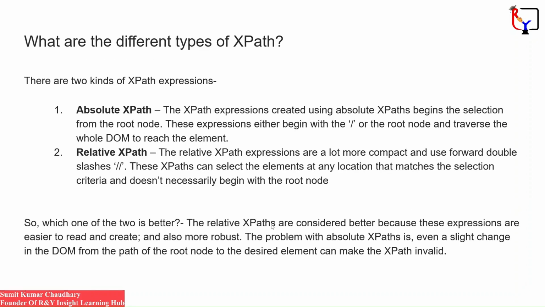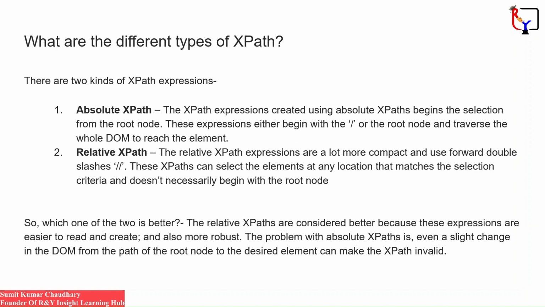DOM structure. So what are the different types of XPath? There are two kinds of XPath: absolute and relative. Absolute: the XPath expression created using absolute XPath begins the selection from the root node. These expressions begin with a single slash, the root node, and traverse the whole DOM to reach the element.